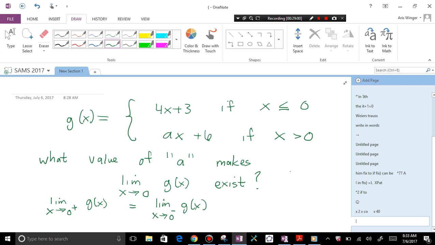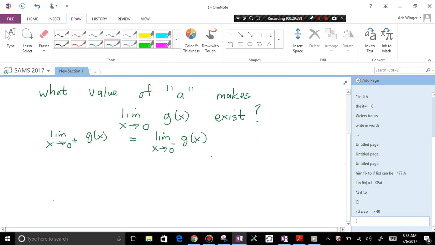I want probably to change this number to something else, but oh, actually no, this is okay. I think. Wait. Oh, I changed this, right? So yeah, it was 3x plus A. The limit from the left, let's do the limit from the right.